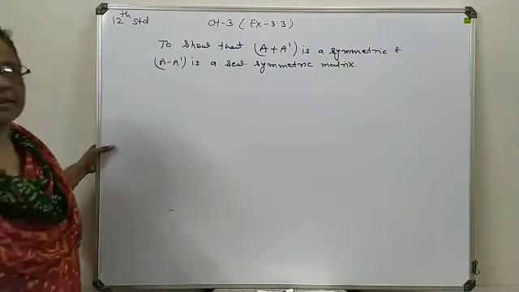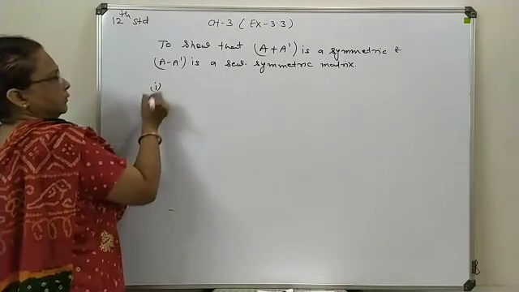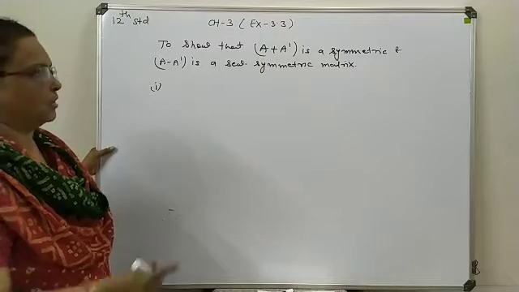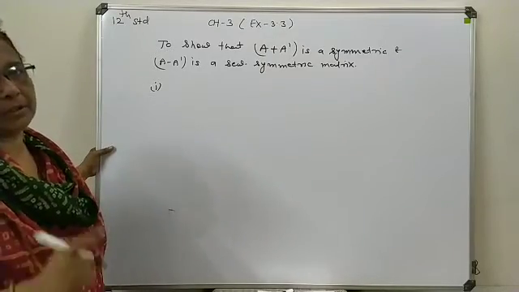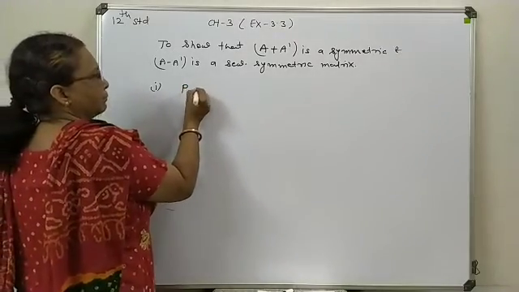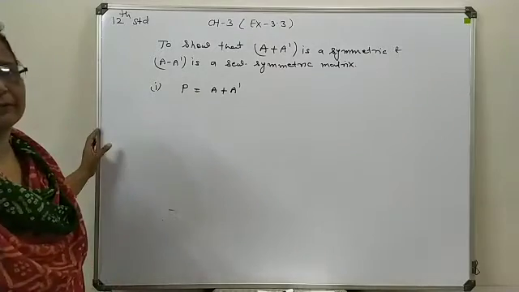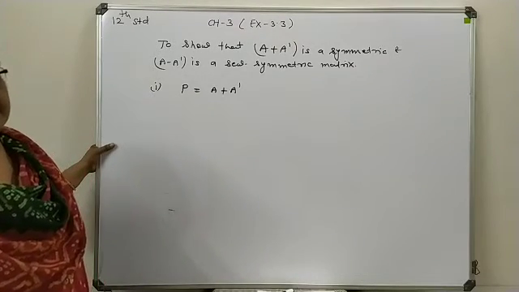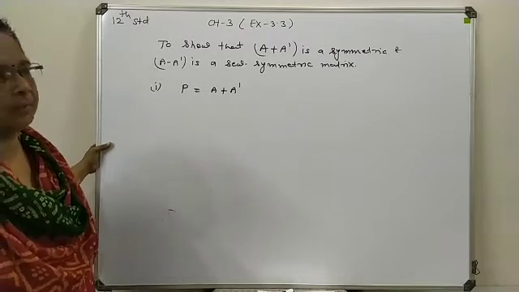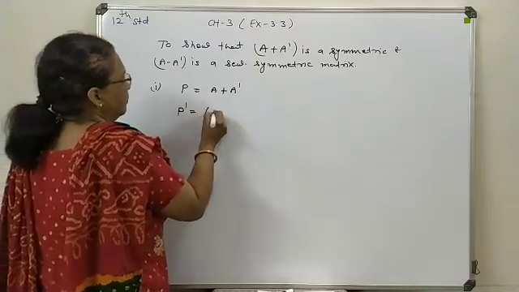In order to show these two types of matrices, first of all we take A plus A dash, meaning A transpose. Let us consider this combination as one matrix, P, that is A plus A dash. First we have to show that A plus A dash is symmetric, so obviously we move to the transpose of this combination.